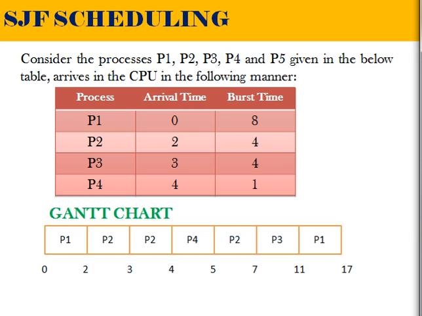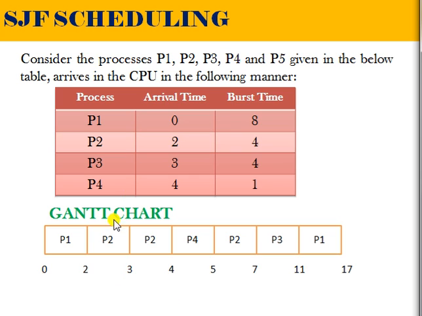P1, P2 and P3 have remaining burst times 6, 2 and 4, and P4 has 1 unit. So the least one is P4, and this will be scheduled.